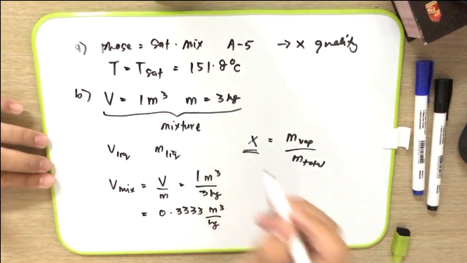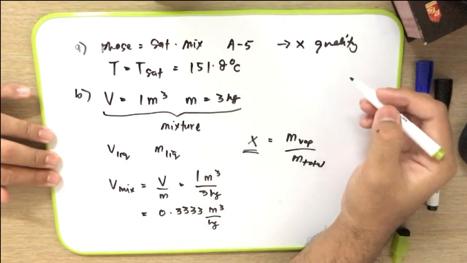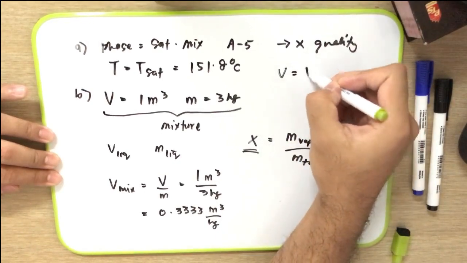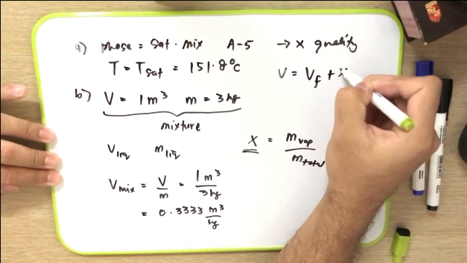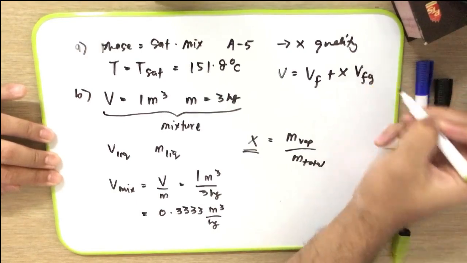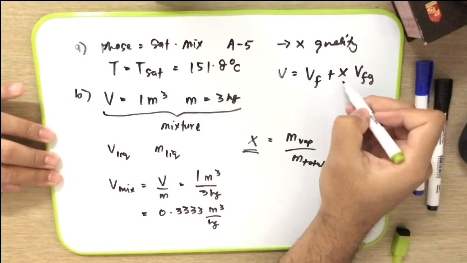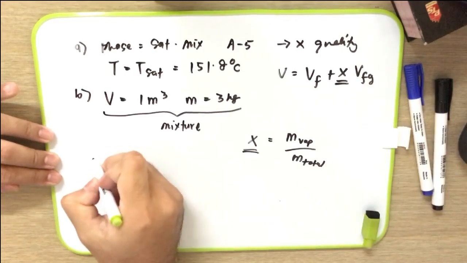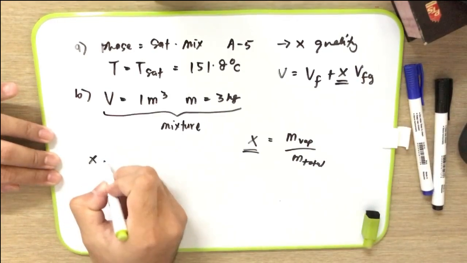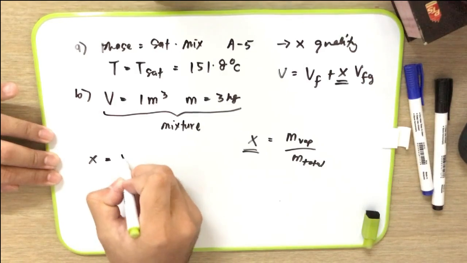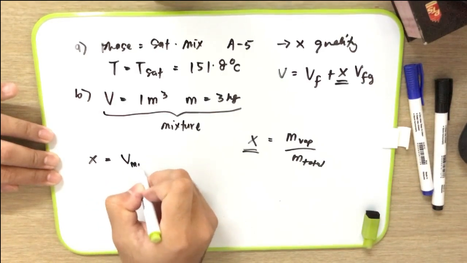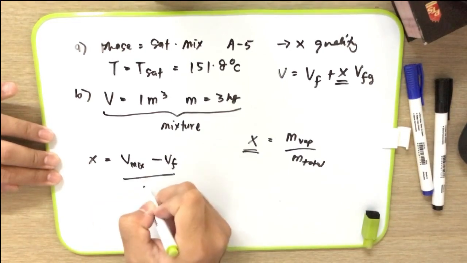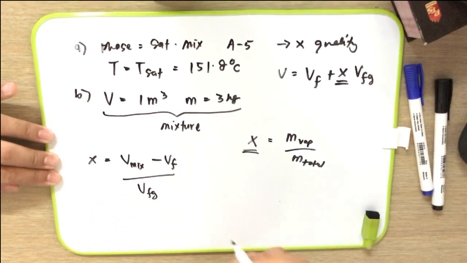Okay, we know that this is a saturated mixture, and the other equation that we need to use is V is equal to VF plus X VFG. So from this equation we can find X through V mix minus VF over VFG.